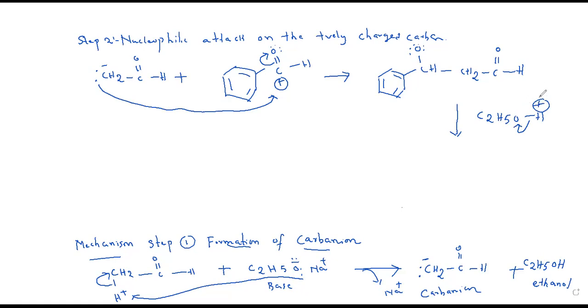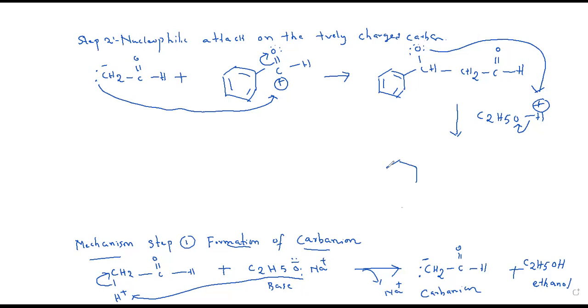This positively charged hydrogen can be stabilized by using this extra lone pair of electrons present on oxygen. So oxygen will donate its lone pair of electrons to this hydrogen, and this hydrogen will migrate towards oxygen to form OH.